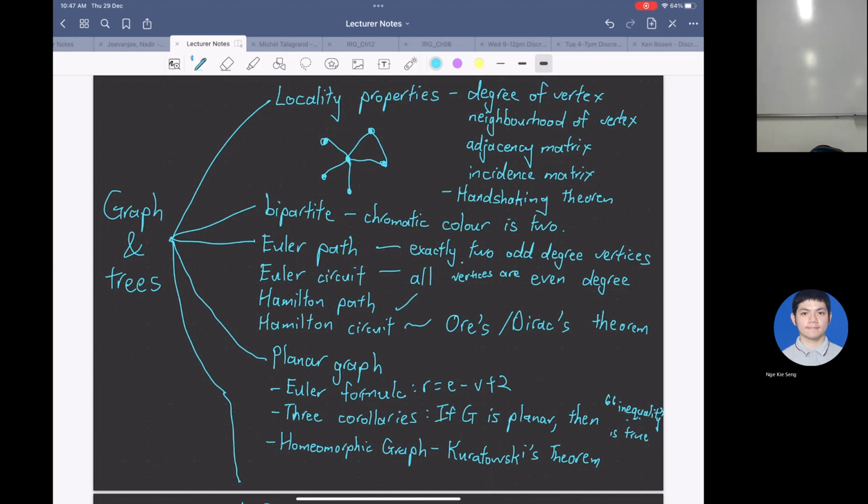Euler path is a path that passes through every edge once. Hamilton passes through every vertex once. Only Euler path and Euler circuit have a definite answer that you can check from the degree of vertices. To get an Euler path, you need to have exactly 2 odd degree vertices.